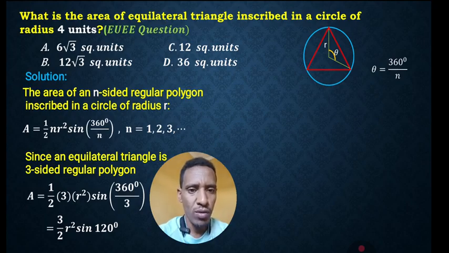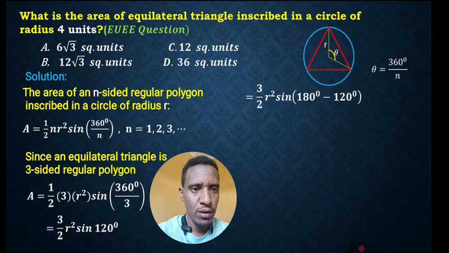But 120 degrees is not in the first quadrant, so we need to find the reference angle. To find that, we use 180 degrees minus 120 degrees. So the reference angle is 60 degrees, but sine is positive in the second quadrant.